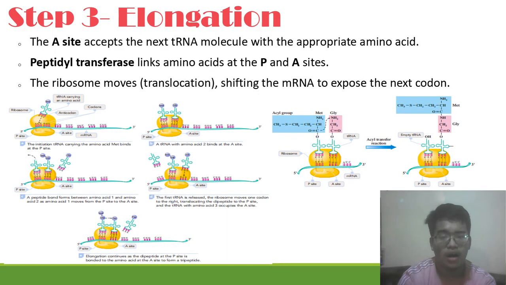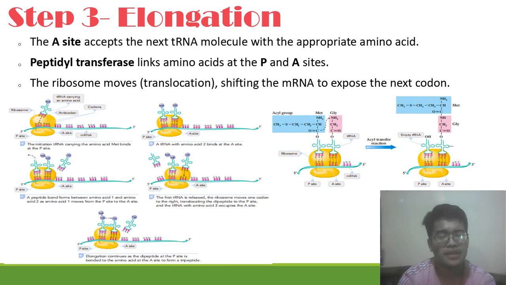The movement of a ribosome along an mRNA molecule is called translocation. Translocation is the part of translation in which a ribosome moves down an mRNA molecule 3 base positions so that a new codon can occupy the ribosomal A site.